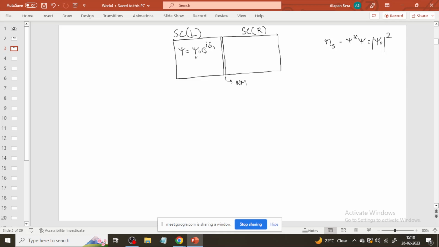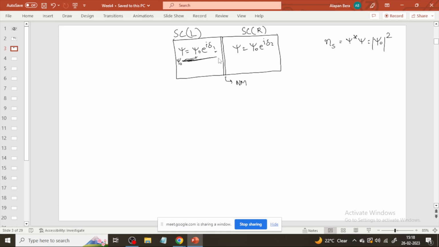Now let's assume the phase in the left superconducting region and the phase in the right superconducting region are not the same. Okay, they are independent of each other, and the phase can be written as delta 1 in the left superconducting region and delta 2 in the right superconducting region. Now what happens is that the amplitude of the wave function is psi naught here, and it is constant inside the superconductor.